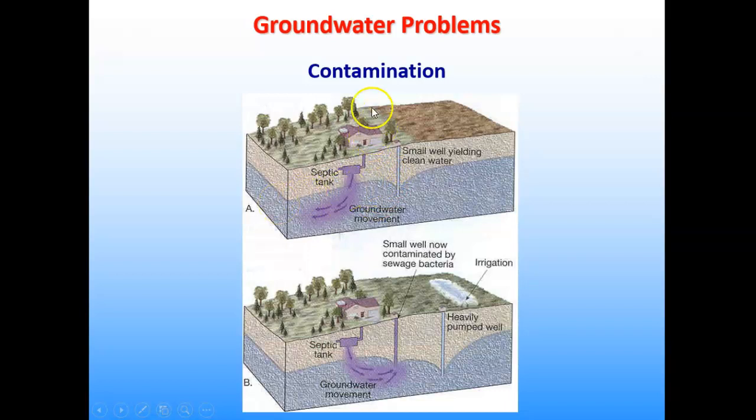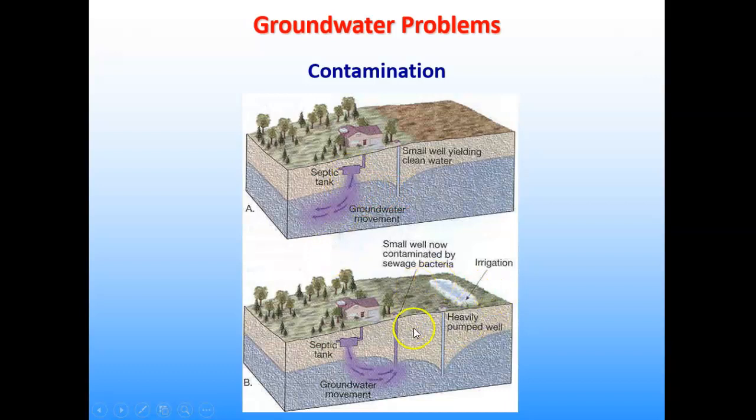If you purchased this land and built your beautiful house here, and you remembered something from your geology class, you'd put your septic tank down slope from your well, because if the septic tank leaks into the groundwater, it should flow that direction, and your well will be safe and you won't be drinking poop, right?